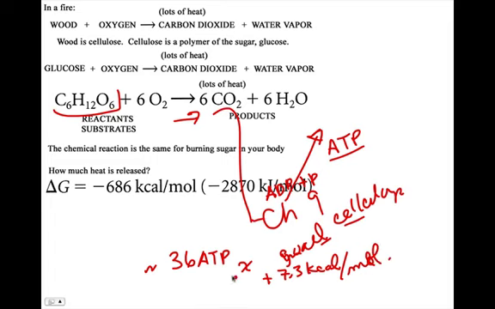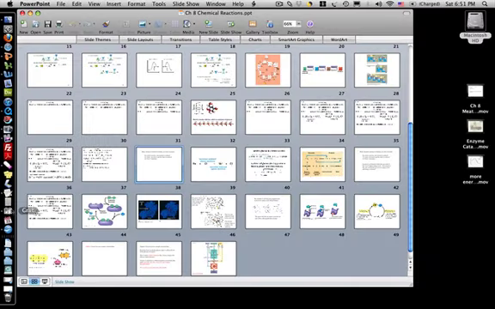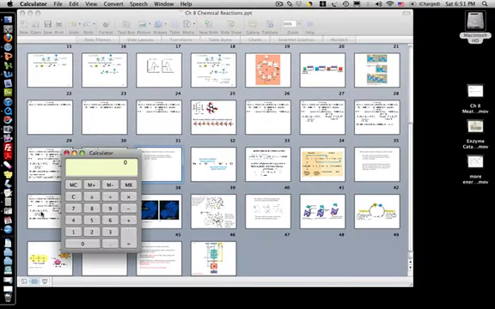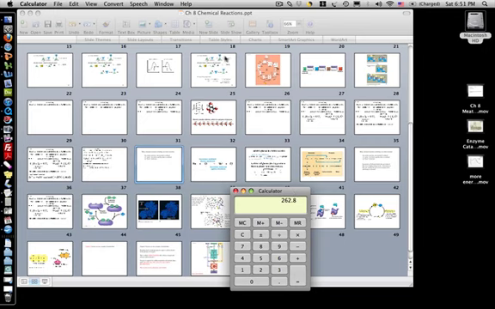So let's just find a little calculator and see if we can make this calculation of taking 36 ATP times 7.3 to get a total of 262.8. And so we got 262.8 kilocalories per mole that we captured, and what we saw was that the amount of energy released was, I think, 686 kilocalories per mole.